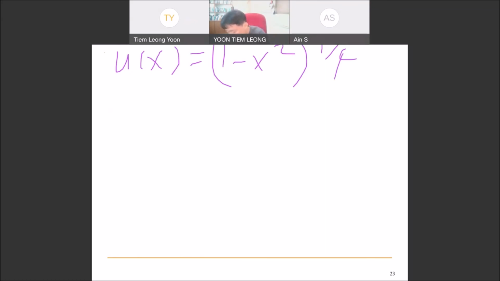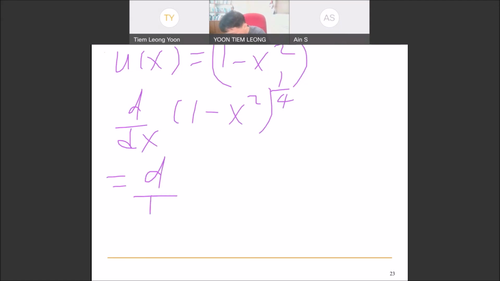So let's say you define u equals 1 minus x squared, then we are asked to calculate the derivative d/dx of 1 minus x squared raised to the power 1/4. So this is nothing but d/dx of u raised to the power 1/4.